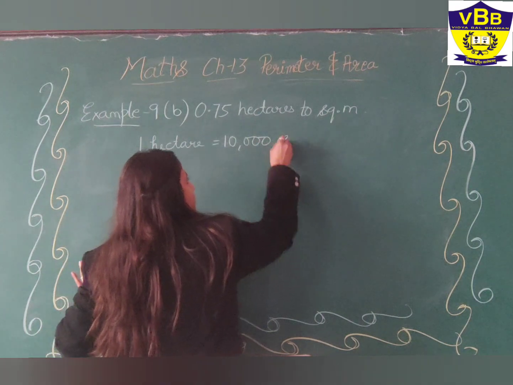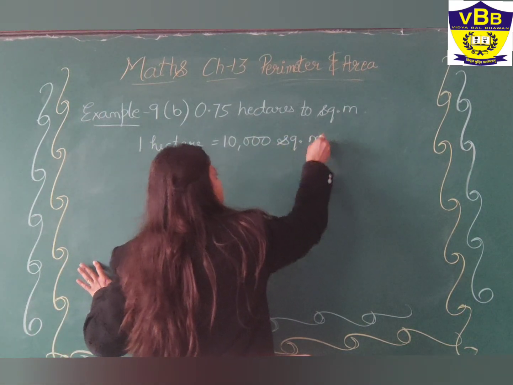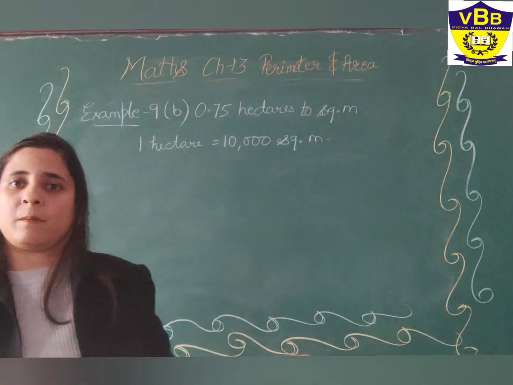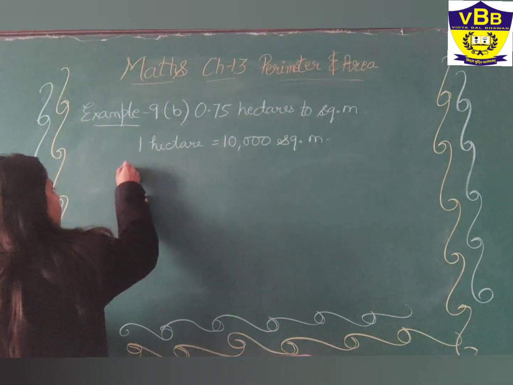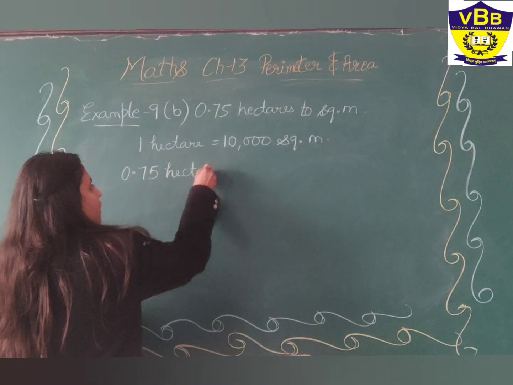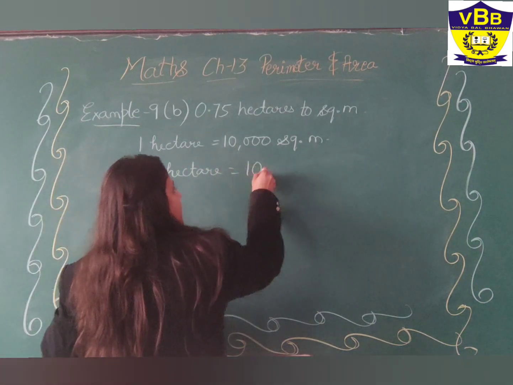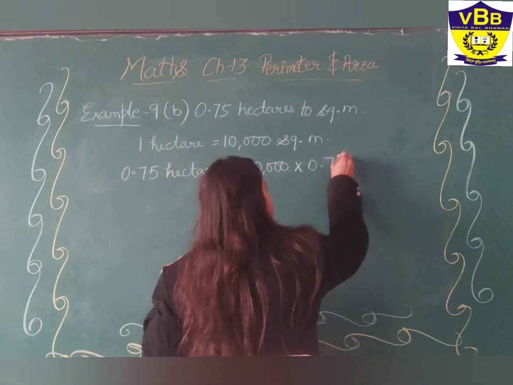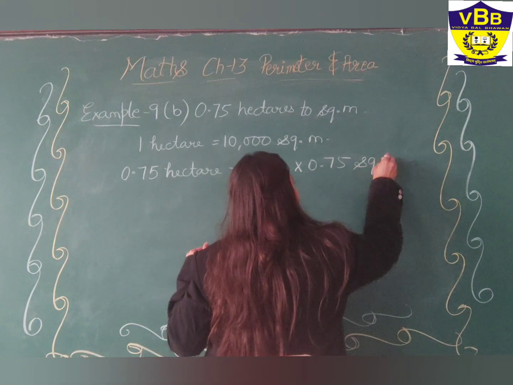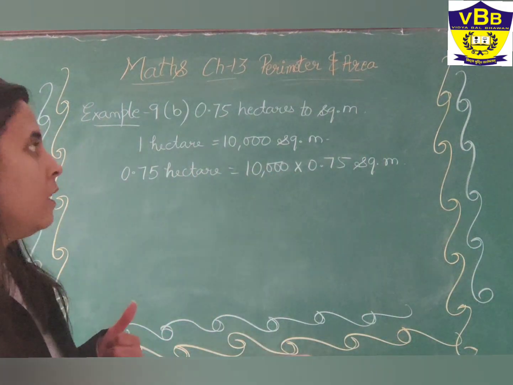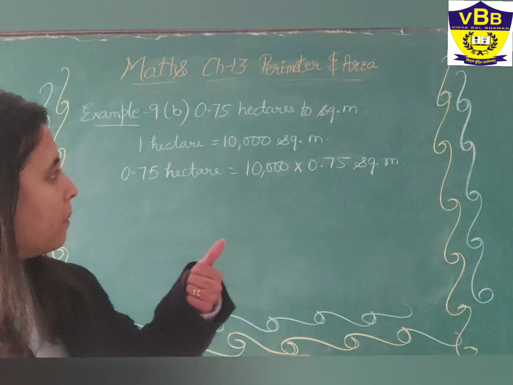We have just studied that 1 hectare has 10,000 square meter. So what about 0.75? 0.75 hectare will be equal to 10,000 into 0.75 square meter. We will multiply it by 10,000 to convert it into square meter.